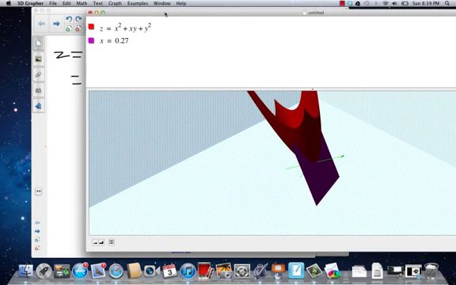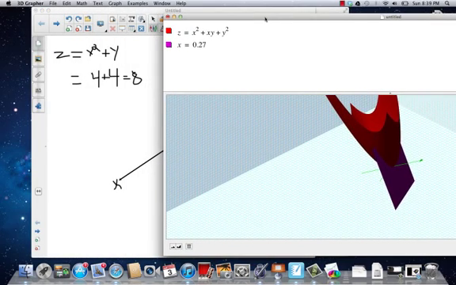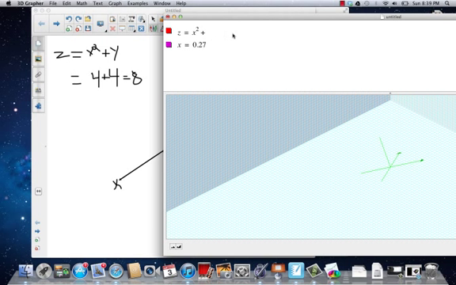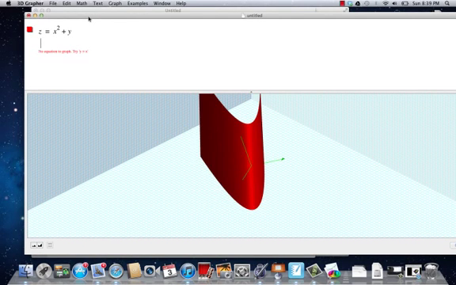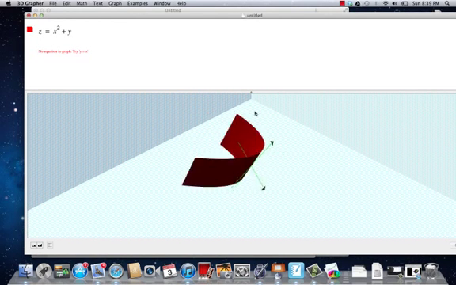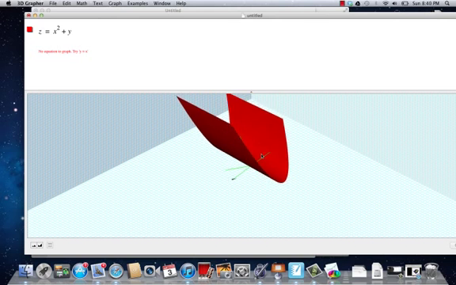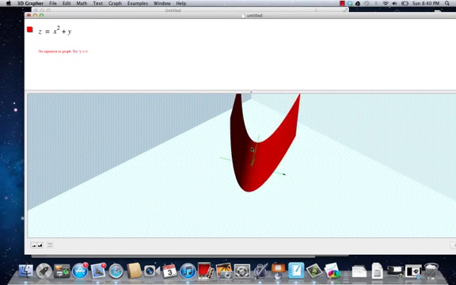Okay. So we would like to graph x squared plus y. Okay. We would get this 3-dimensional object here.